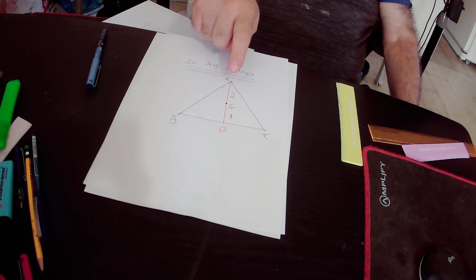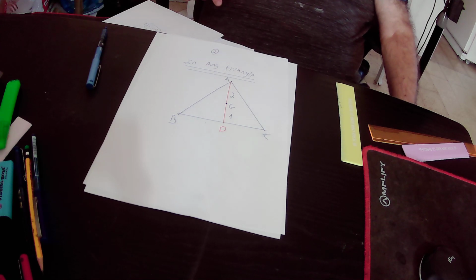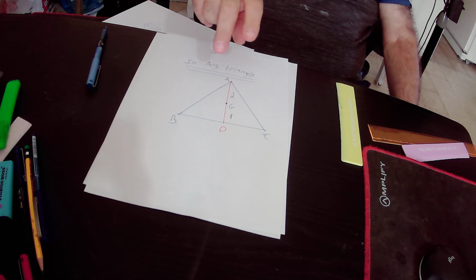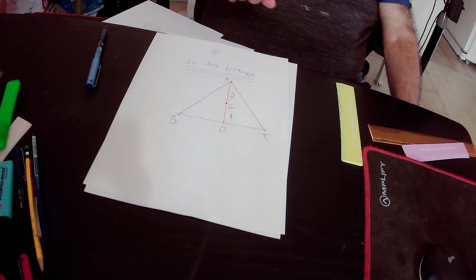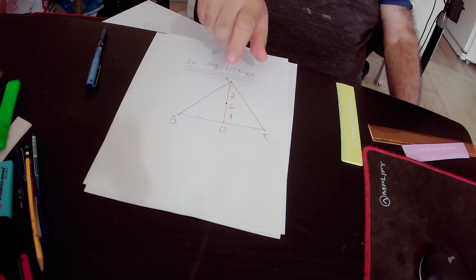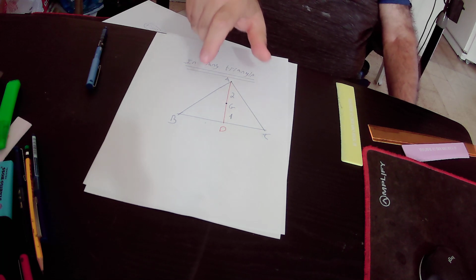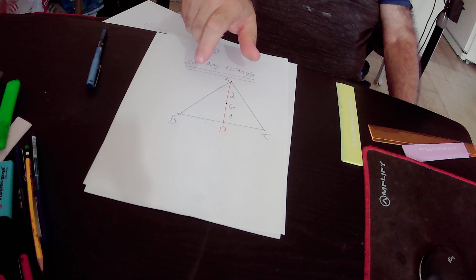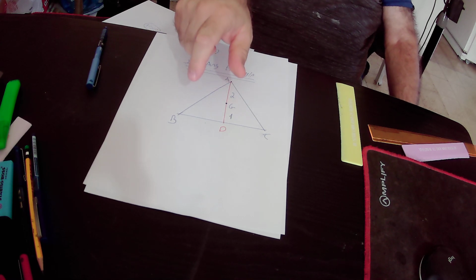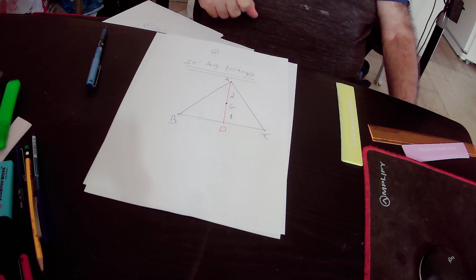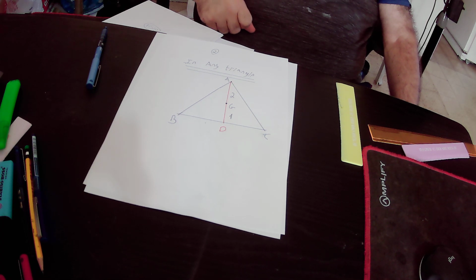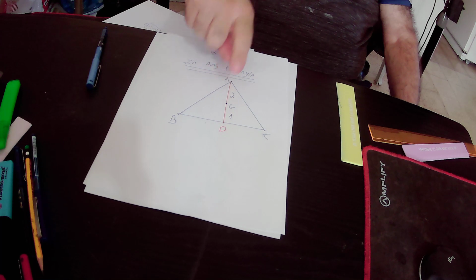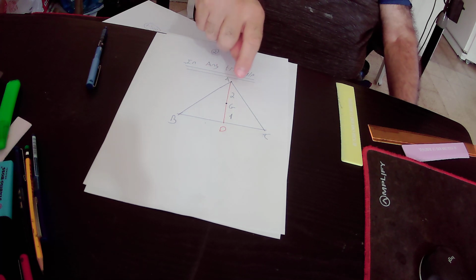If G is the centroid of triangle ABC and AD is the median of BC, that is to say AD bisects BC, or in other words, AD divides BC into 2 equal parts, that is to say BD equals DC, then the centroid G divides the median AD in a ratio of 2 to 1.